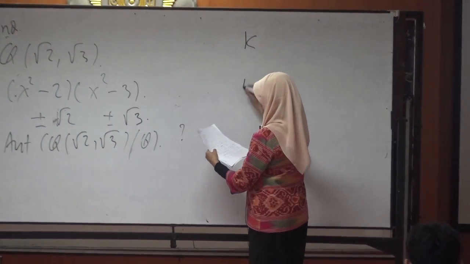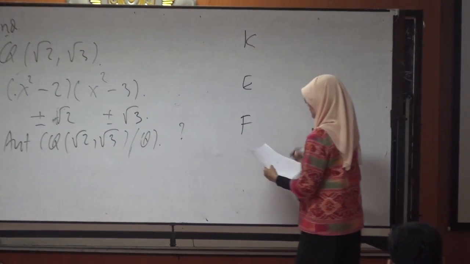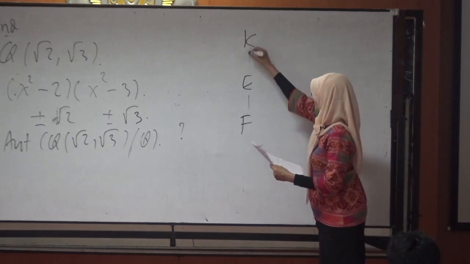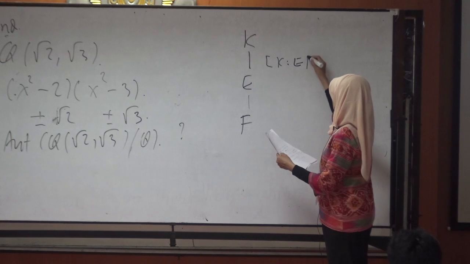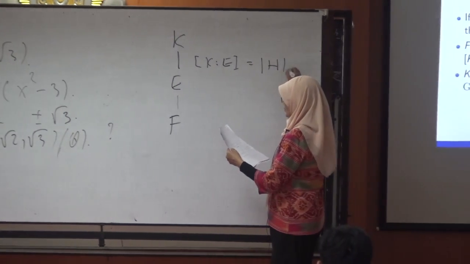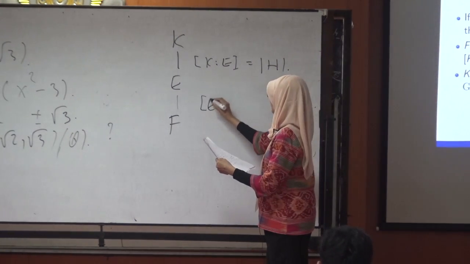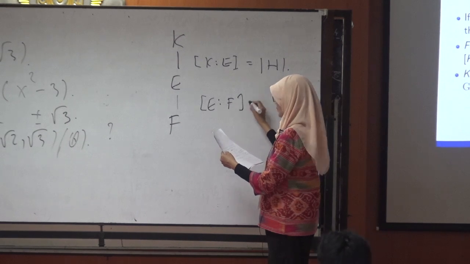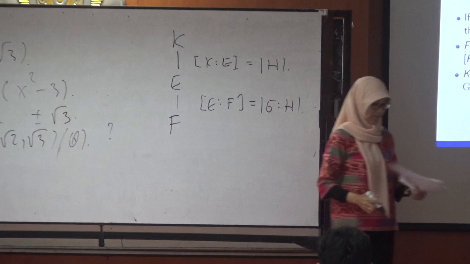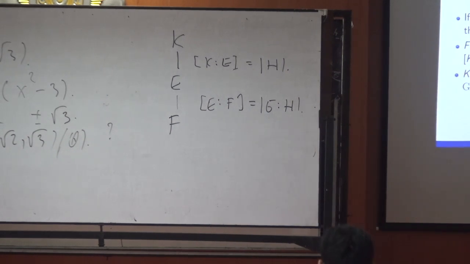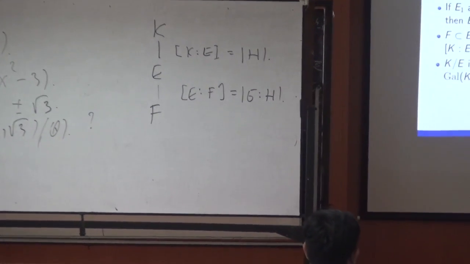So K, A, F, like this. This is K over A equal to H. And also K over A is always Galois with Galois group H itself.